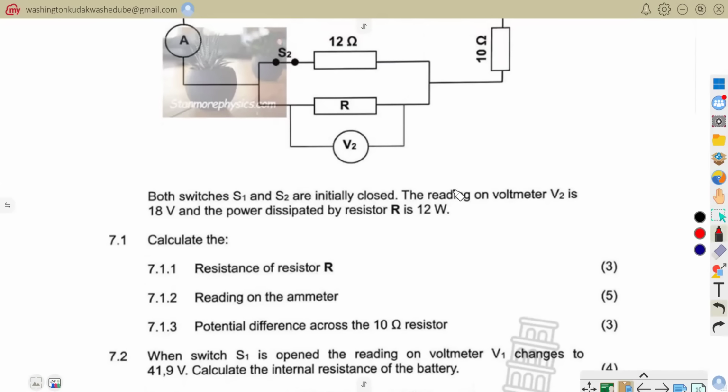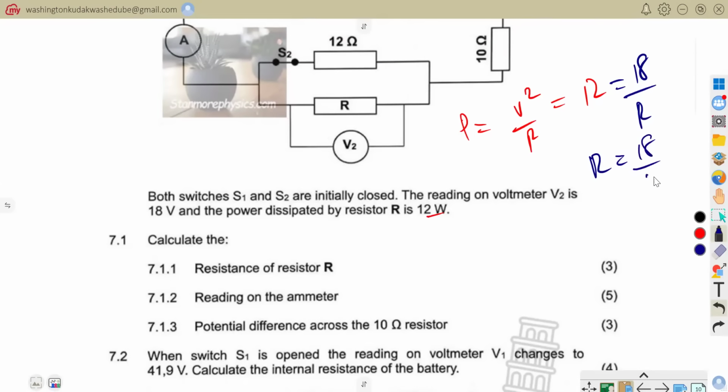Given that all switches are closed and this is the power, we know that power is given by what? V squared over R. Now power is given as 12 watts, and our voltage there is given as 18 volts because it's in the parallel circuit. So it's 18 squared divided by R, and we want to find R. R will just be equal to 18 squared over 12.